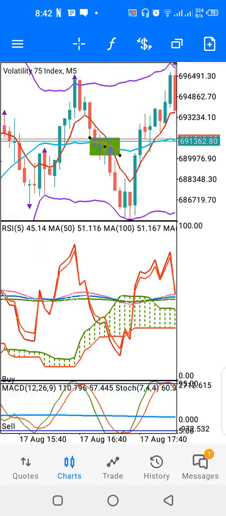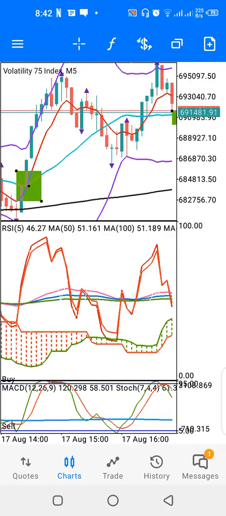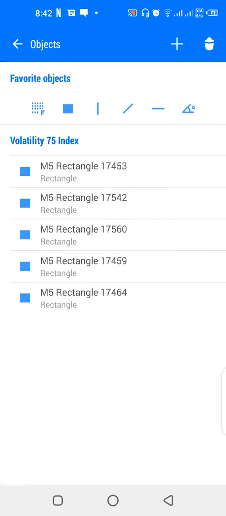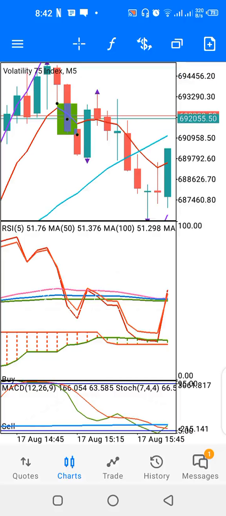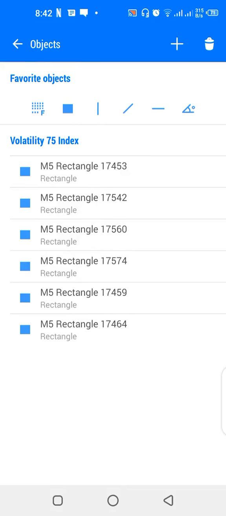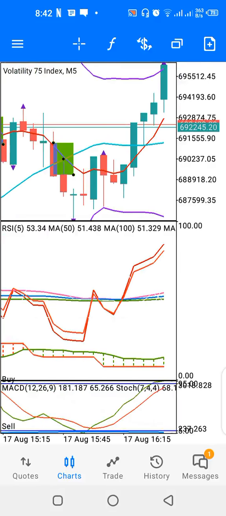Also when you see the red candle bar lap across the red line, that's a sell signal. So when you now have the red line crossing down, that's another sell signal, or more like confirmation.